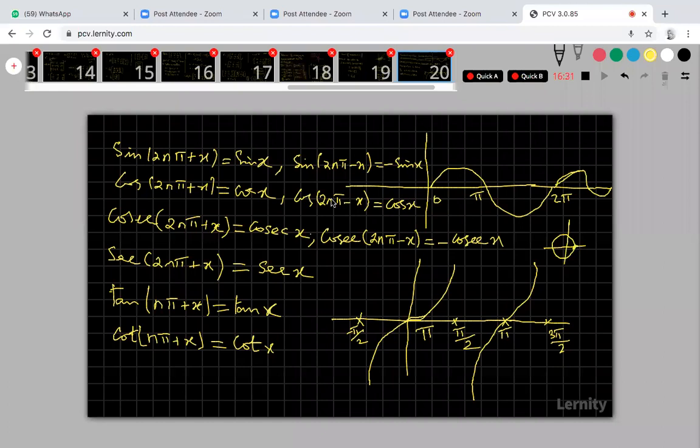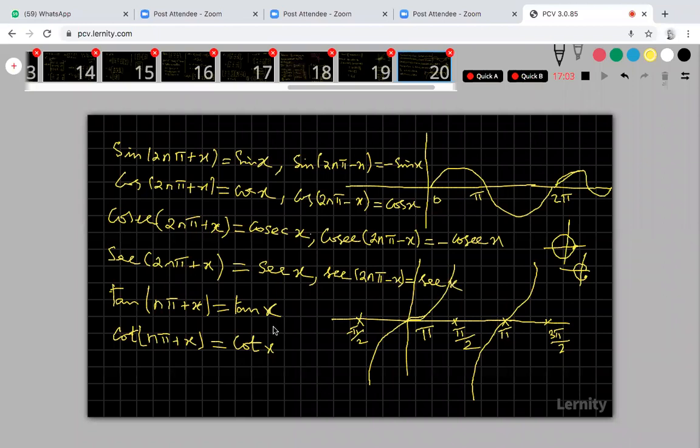This is 2 pi minus some angle, so it comes to here. Therefore this belongs to the fourth quadrant. In the fourth quadrant, cos x is positive. If cos x is positive, secant x, the reciprocal function, is also positive. So therefore, secant of 2n pi minus x is equal to secant x only.